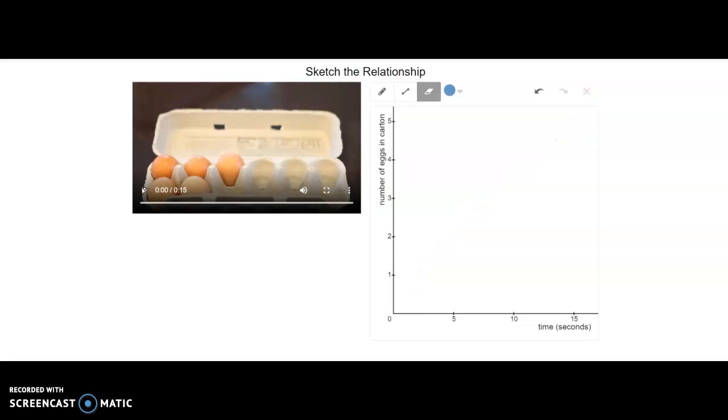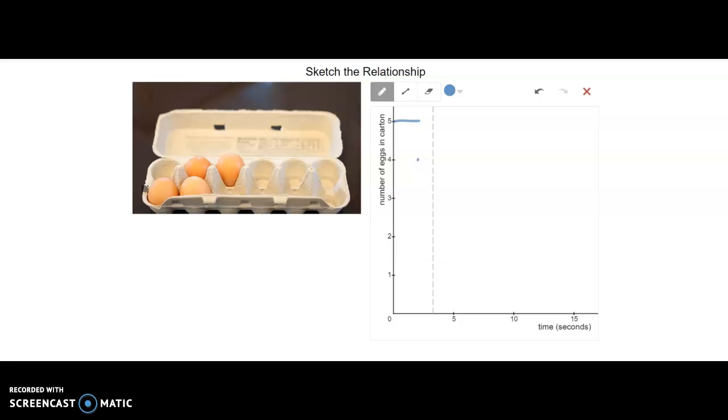So now we're going to be looking at the number of eggs in a carton. We're starting out with 5 eggs up here, so I know it's going to start at 5 eggs. Watch the video and pause. Now that you've sketched out your graph, let's see if it's similar to mine. So we know that we had 5 eggs, right? And at this point we had 4 eggs, okay? And we consistently have 4 eggs.